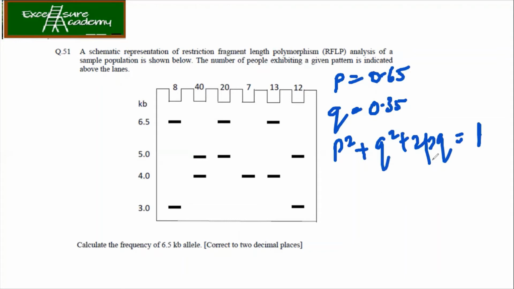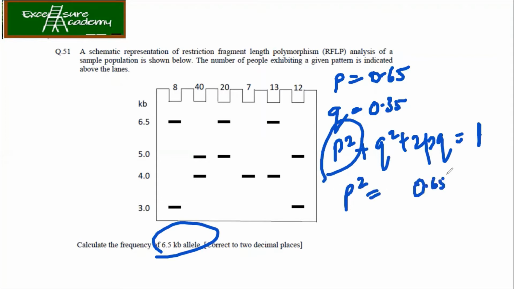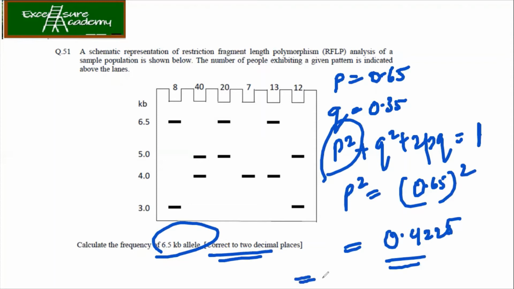Now the question is to calculate the frequency of the 6.5 kb allele. The frequency of this is going to be p square. So what is p square? 0.65 whole square, which is going to be 0.4225. Since they have asked for 2 decimals, the answer is 0.42. So this is the frequency of the 6.5 kilobase allele.